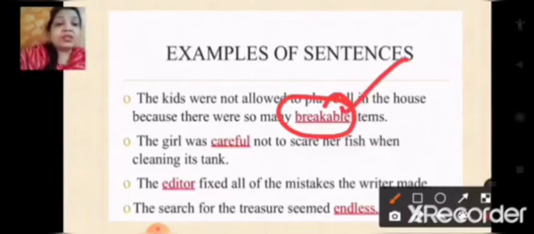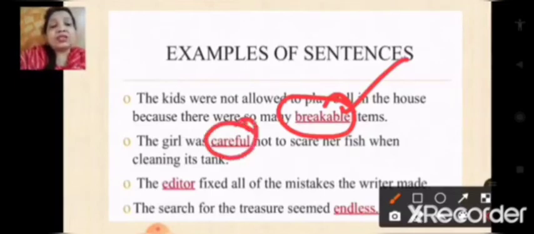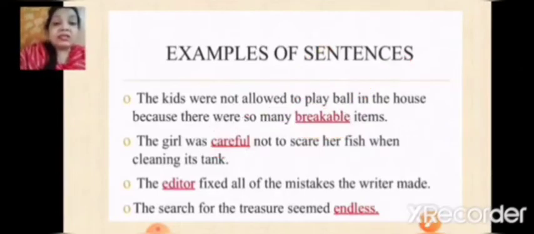Now the next sentence, the girl was careful not to scare her fish when cleaning its tank. So careful, yes, your next word is again implemented over here. The third one is, the editor fixed all of the mistakes the writer made.